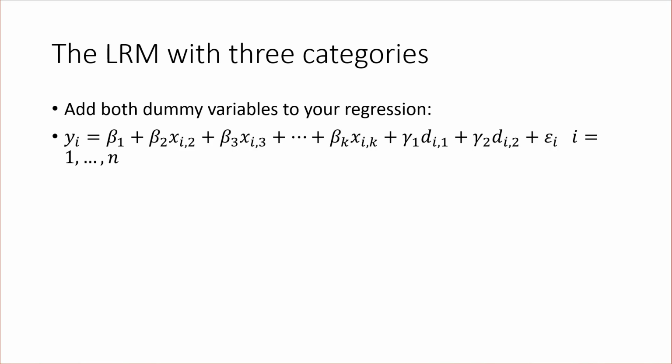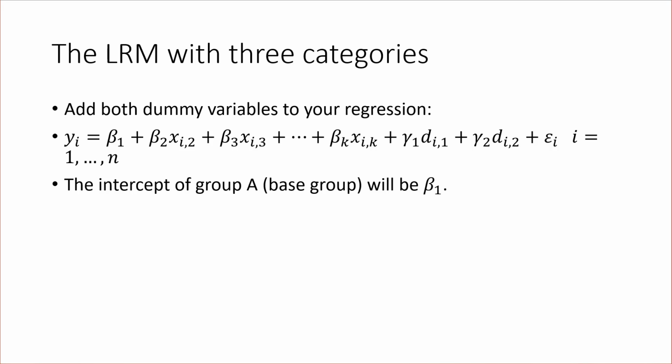Same kind of analysis that we did for the case when we had only two groups. We see that all individuals in group A, the individuals that are not married, have both of the dummies equal to 0. So the terms gamma1 D_i1 and gamma2 D_i2 will go away, and the intercept for group A will be beta 1.